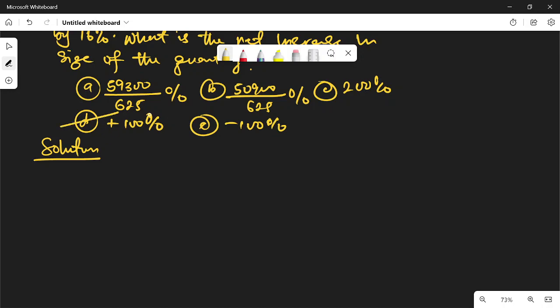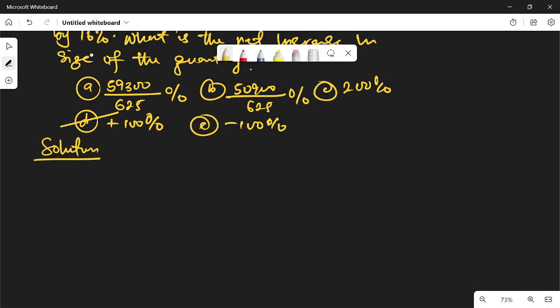So 100% should be the right answer. If you look at the question clearly, you are told that something doubled. So when it doubled, it means it increased by 100%. Then it later increased by 16% and then decreased by 16% again. So it's more or less as if nothing happened. So it's just 100%. It's a very straightforward question.